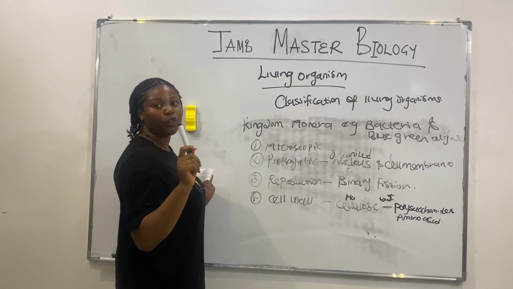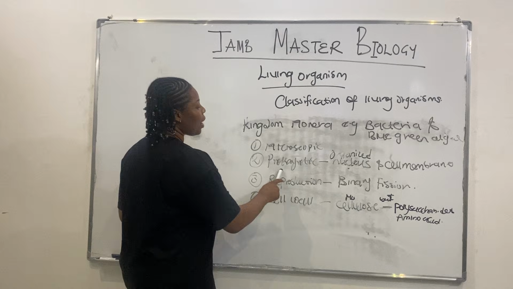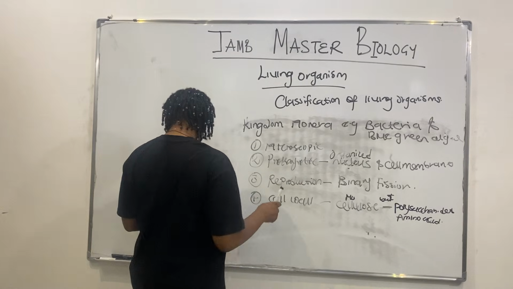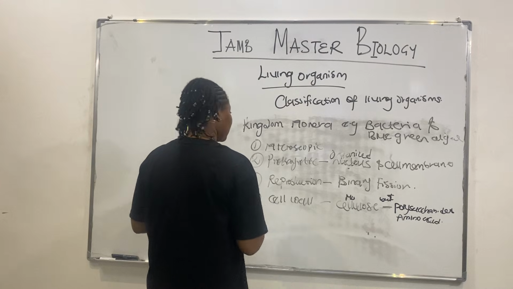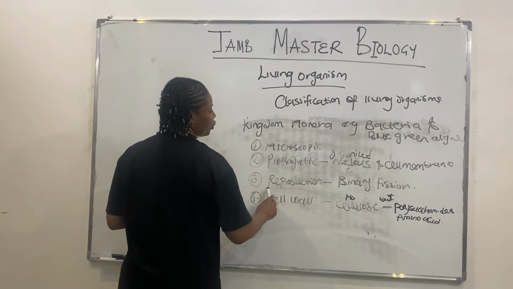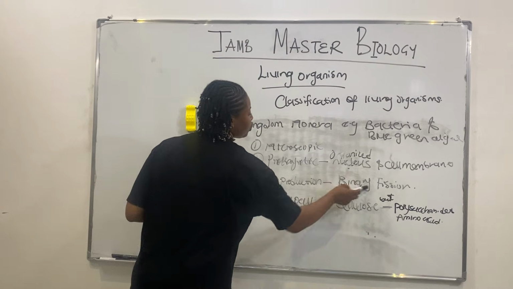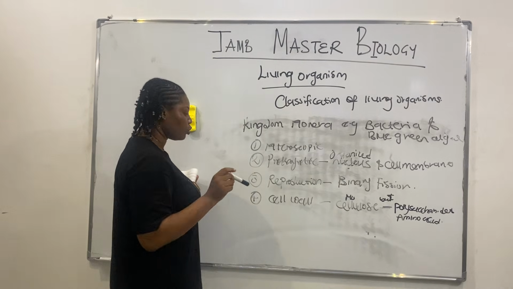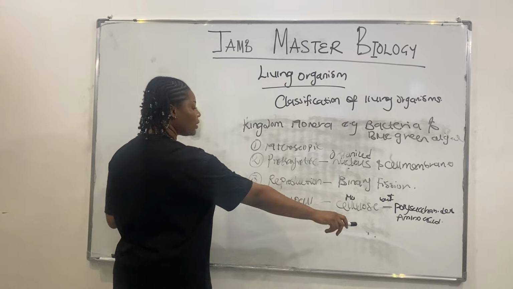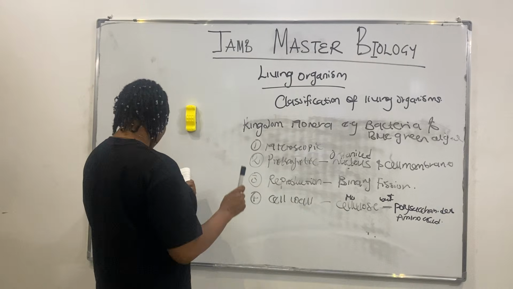We need the aid of a microscope to see them. They are prokaryotic, which means that they lack an organized nucleus and cell membrane. And then we have reproduction. Reproduction is through binary fission, which is an asexual mode of reproduction. And their cell wall lacks cellulose, but contains polysaccharide and amino acid.